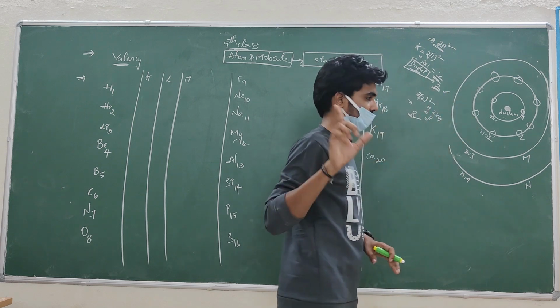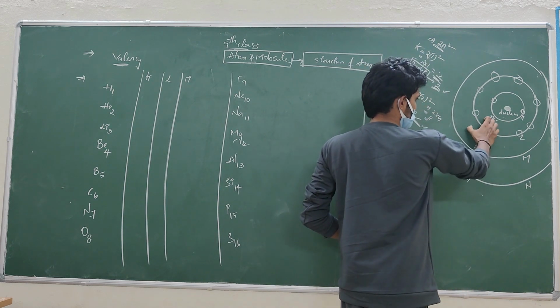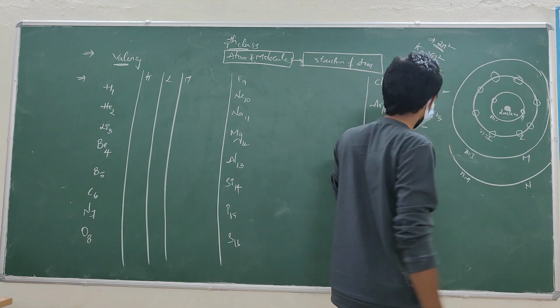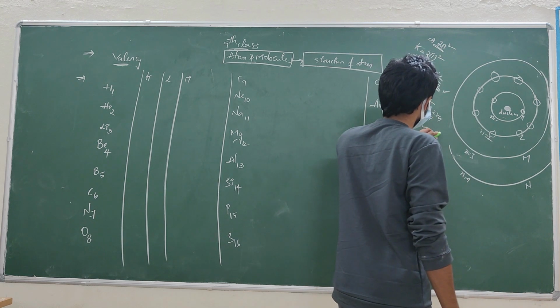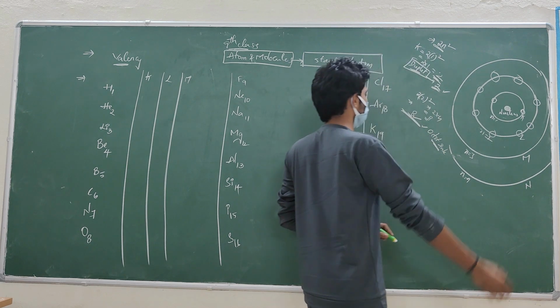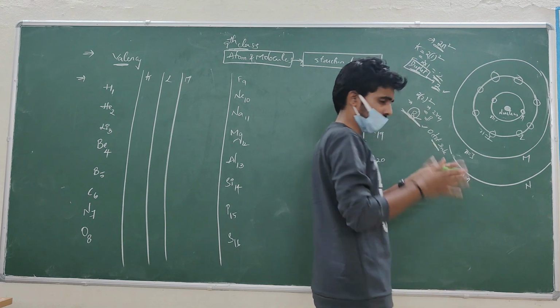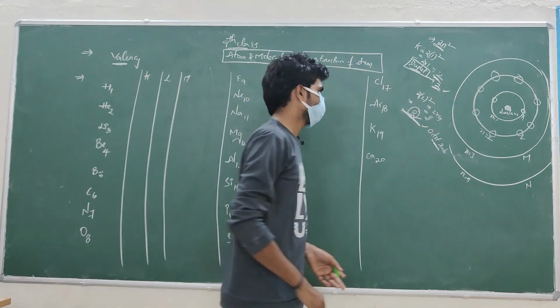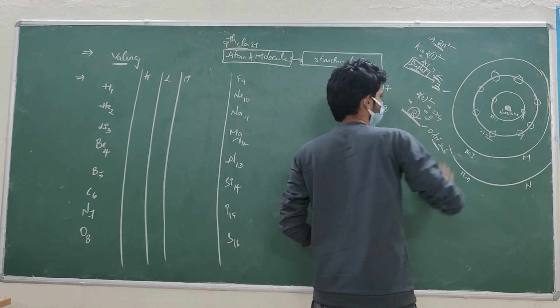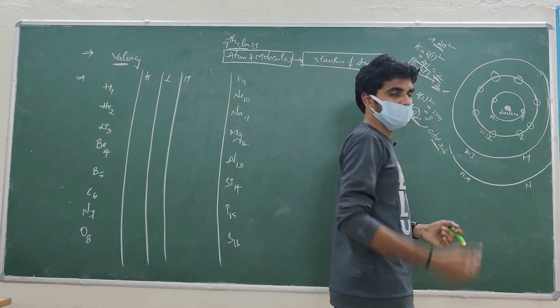If any atom's outermost shell is filled with 8 electrons, we call it the octet rule. So the last shell must contain 8 electrons, and if it does, the atom becomes stable. That is the reason every atom wants to become stable by gaining 2 electrons or 8 electrons.